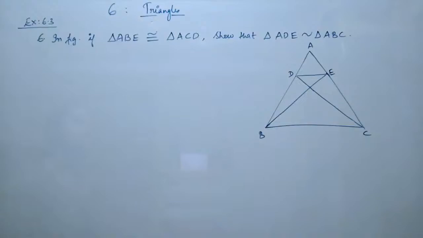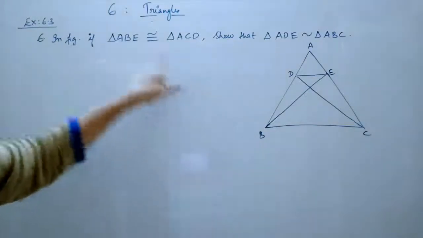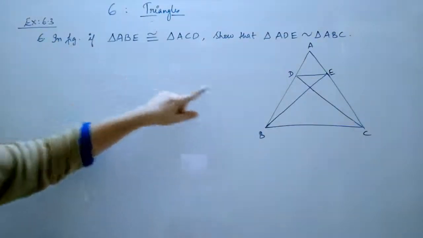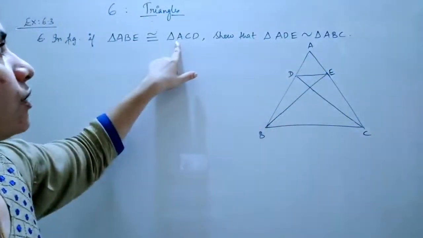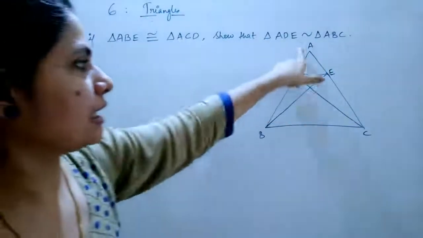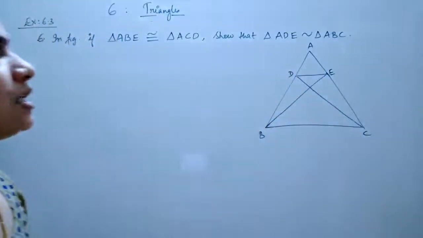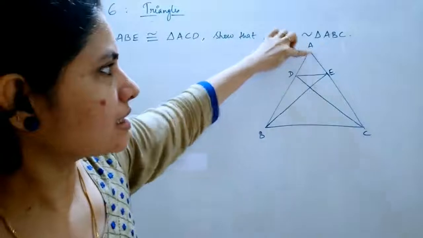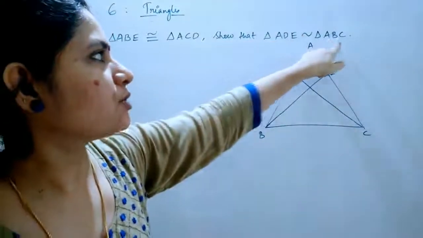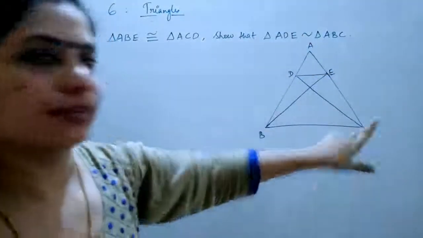Question number 6 is, in the figure, if triangle ABE is congruent to triangle ACD, show that triangle ADE, the smaller one, is similar to triangle ABC, the bigger one.